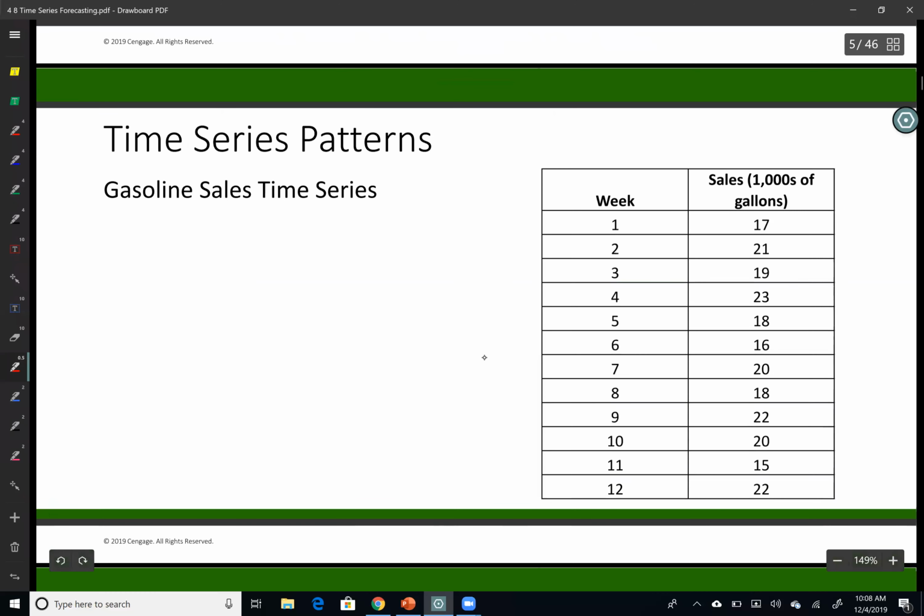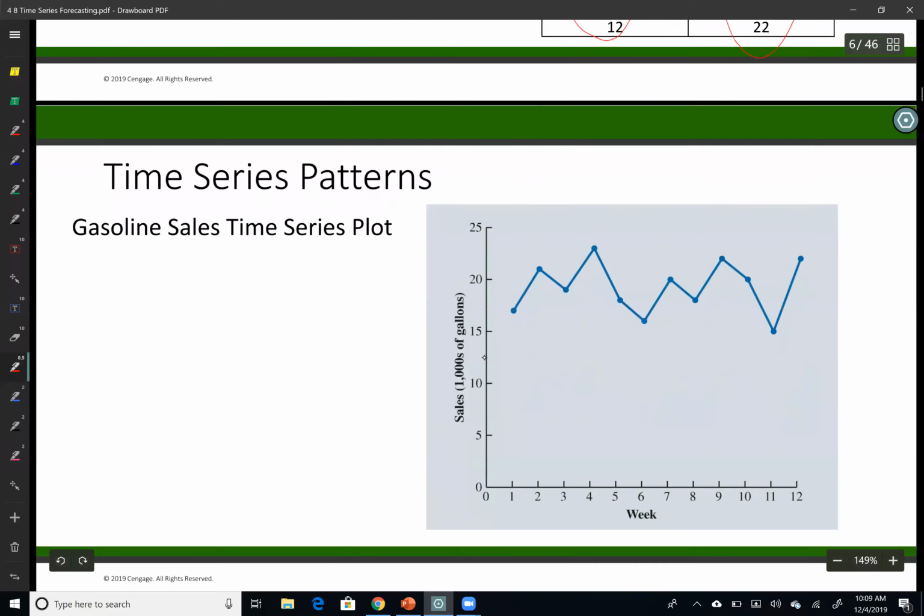So let's take a look at an example here. You can see gasoline sales, and in this case, I have 12 weeks, 3 months of data, and the sales for gasoline is given in thousands of gallons, and this is the data. It's hard to see data like this, so if you create a chart using that data, you can see that the mean is somewhere around, I would say, 20, and when you look at the variation, you don't see so much variation.